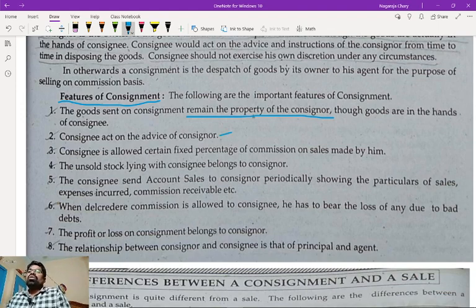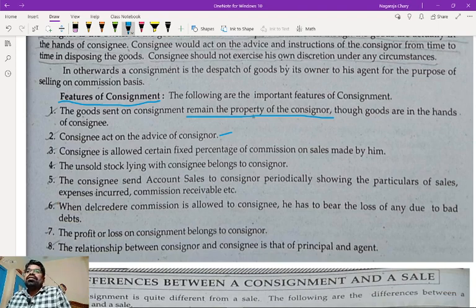Without taking any instructions or advice, the consignee does not act as an agent. Agent means whatever the boss or principal says has to be followed by the agent. So that is to be done by the consignee only.